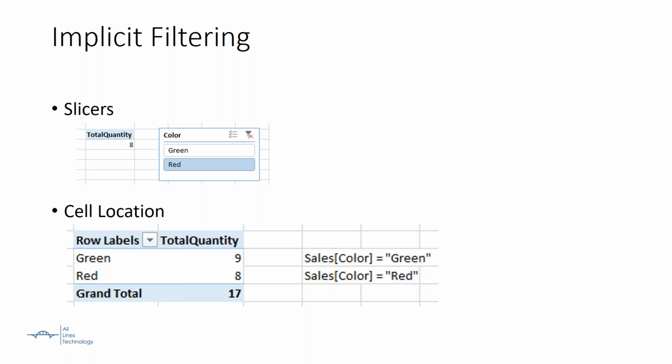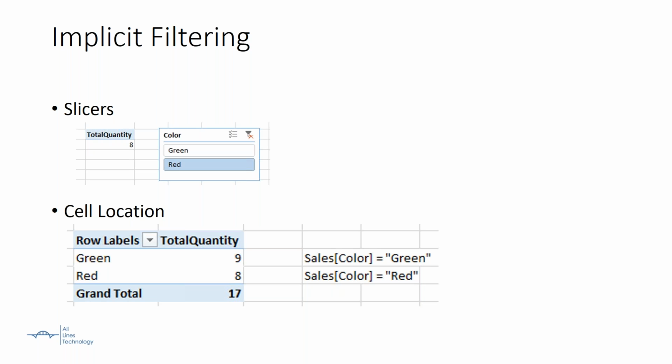And so what's going on here is if we look at the bottom, we can see that even though we aren't necessarily, for that example, applying a slicer, we haven't necessarily clicked the drop down to do a filter manually, based on the location, it's still applying that filter. And so if you look at the bottom right, you can see the equivalent kind of DAX formula to do the same thing.